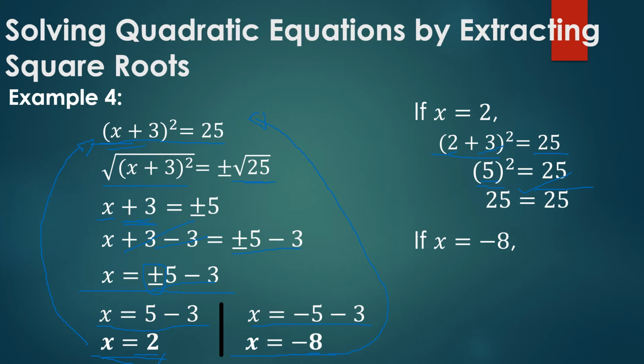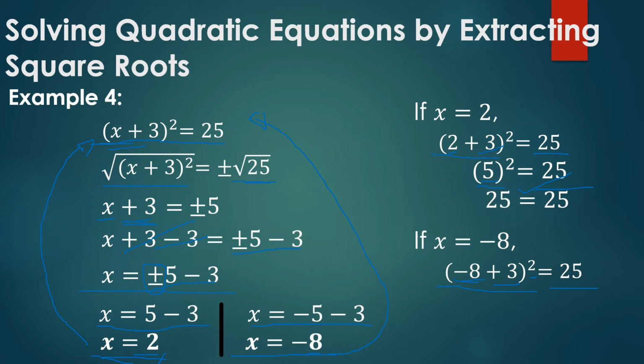What if our x is equal to negative 8? Let's try. Let us replace x by negative 8. So we have (negative 8 plus 3) quantity squared is equal to 25. Will it be equal? Let us simplify.